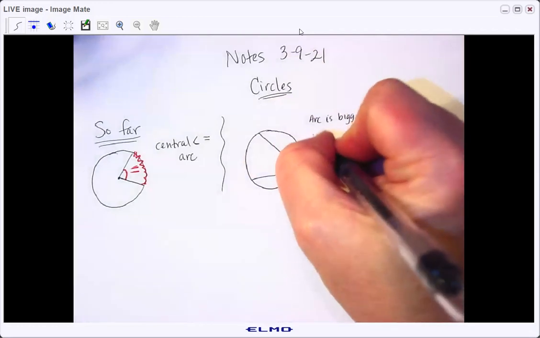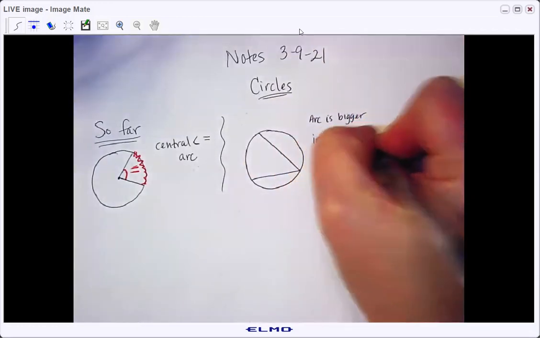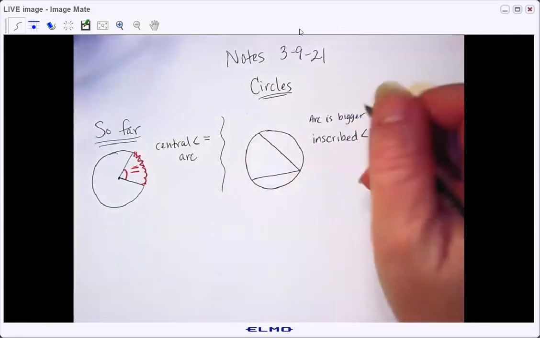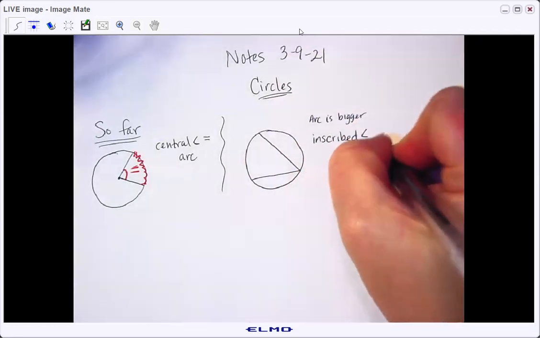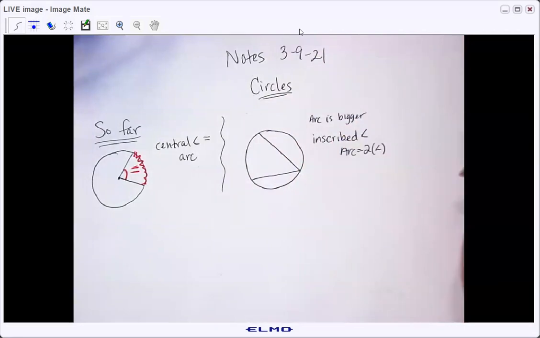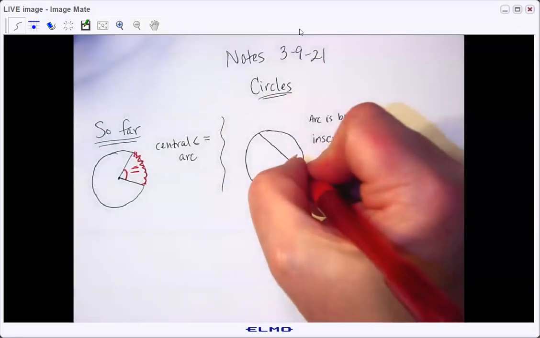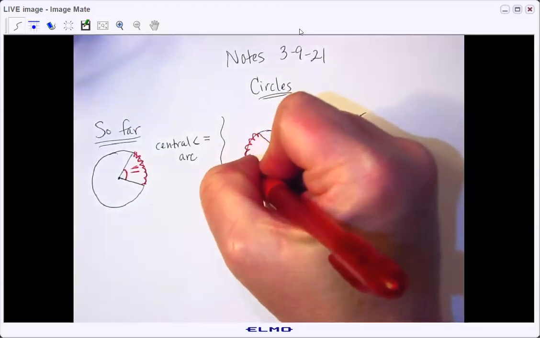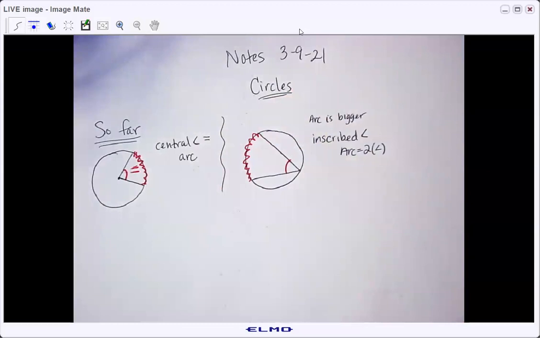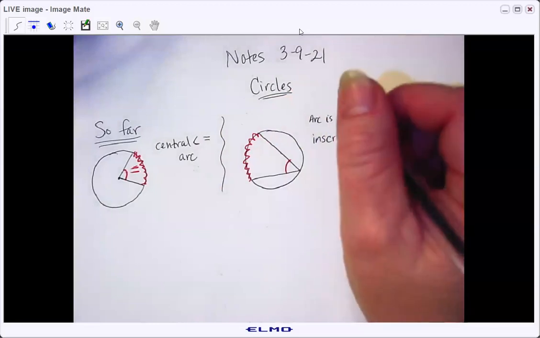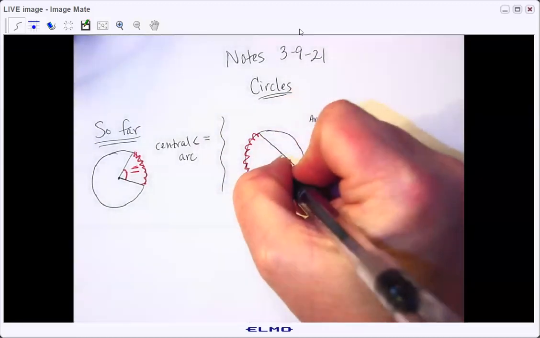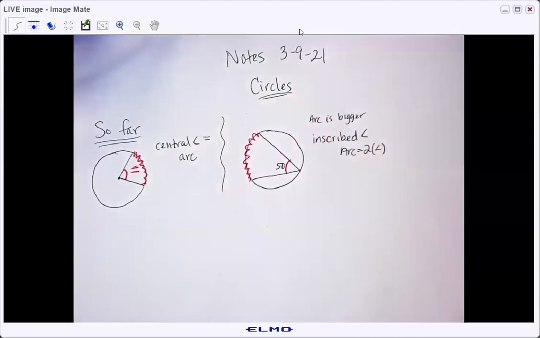And this is an inscribed, meaning it's inside, angle, where your arc is equal to 2 times the value of your angle. So this would be the angle, and this would be the arc. Thank you, Amy. So if this angle is 50, what would the arc be? 100. Good. Okay, so 2 times that value.